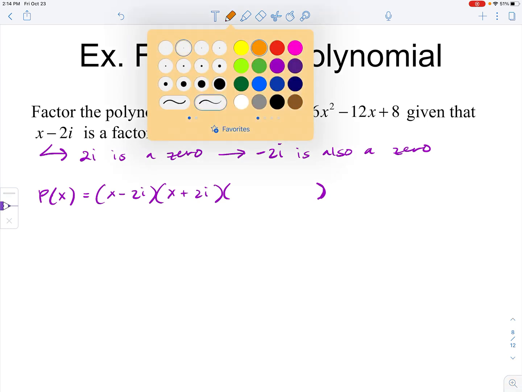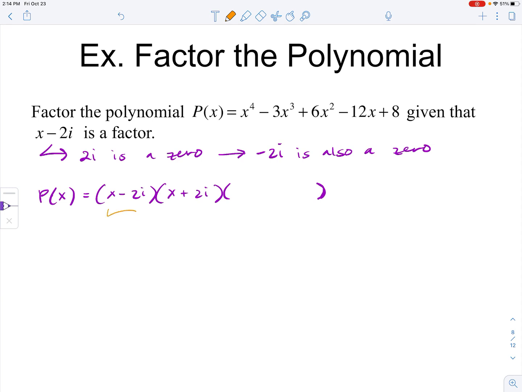So what we can do is multiply these two factors out, and then divide the quadratic that we get from multiplying those out into our polynomial in order to figure out what this factor is. And then we can figure out how to factor that quadratic factor.